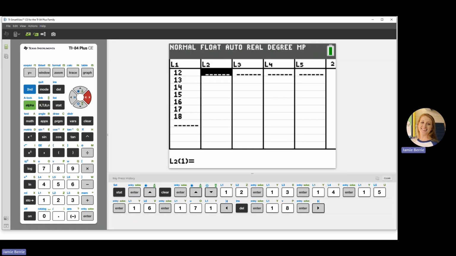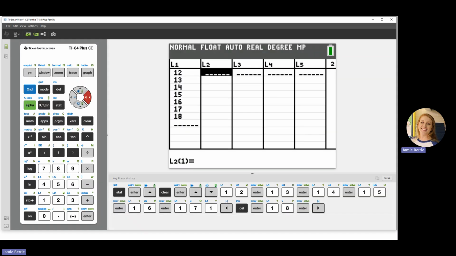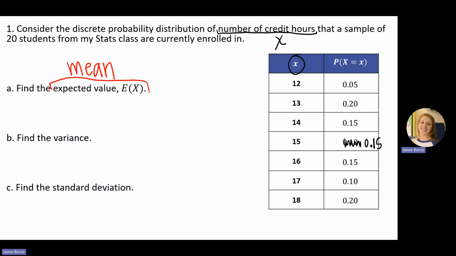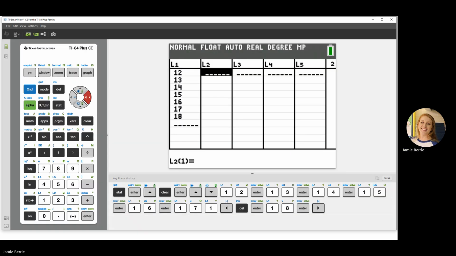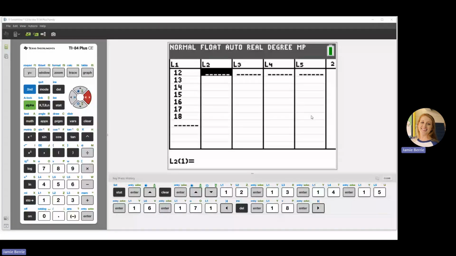Trying to see if I can see both of them at one time. There we go. Now I can see both of them. Okay, great. Oh my gosh.